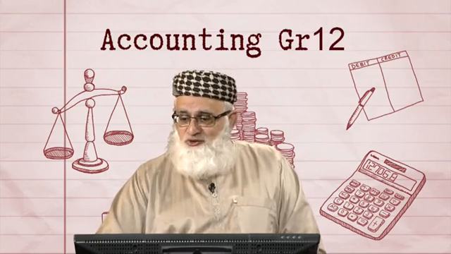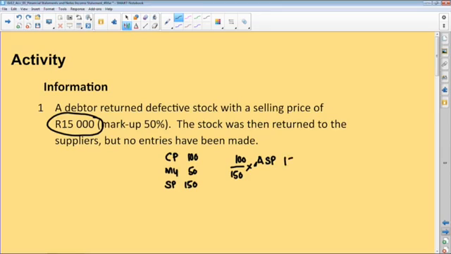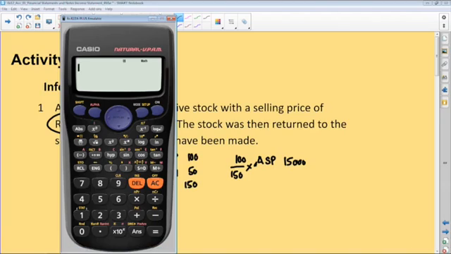And what was my actual selling price? My actual selling price was 15,000 Rand. Okay, let's do that one. And our calculation would now be 100 times 15,000 divided by 150, and that is equal to 10,000 Rand.